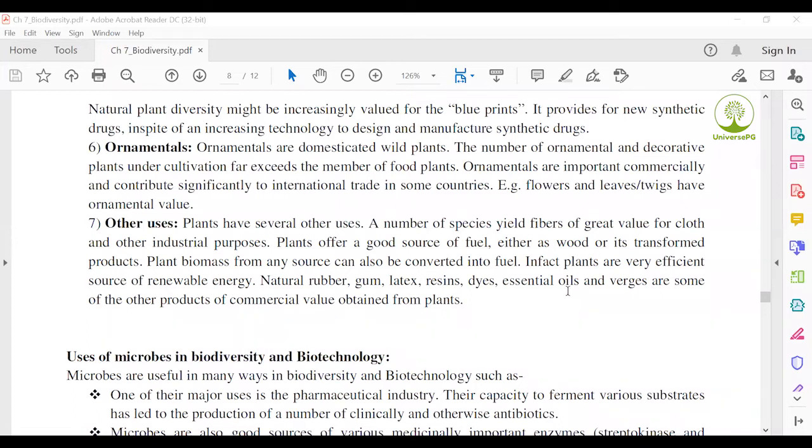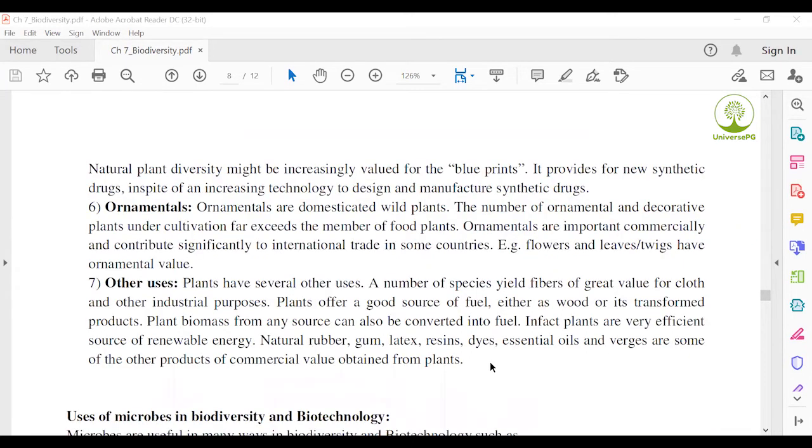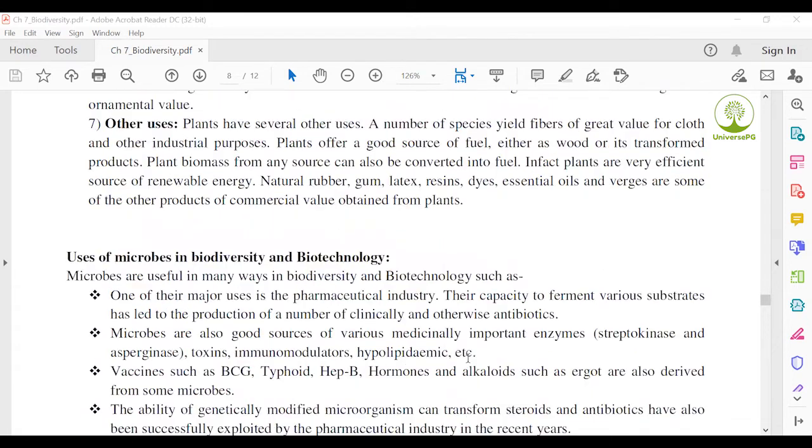You know, soybean oil is generally produced from the soybean plant, coconut oil from the coconut plant, sunflower oil from the sunflower plant, olive oil from the olive plant, and other different types of essential oil are generally produced from plants. Those are the uses of plants in biodiversity and biotechnology.